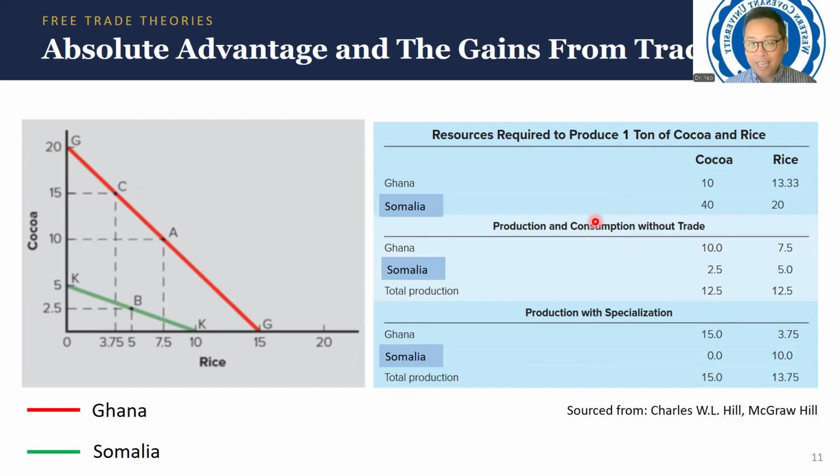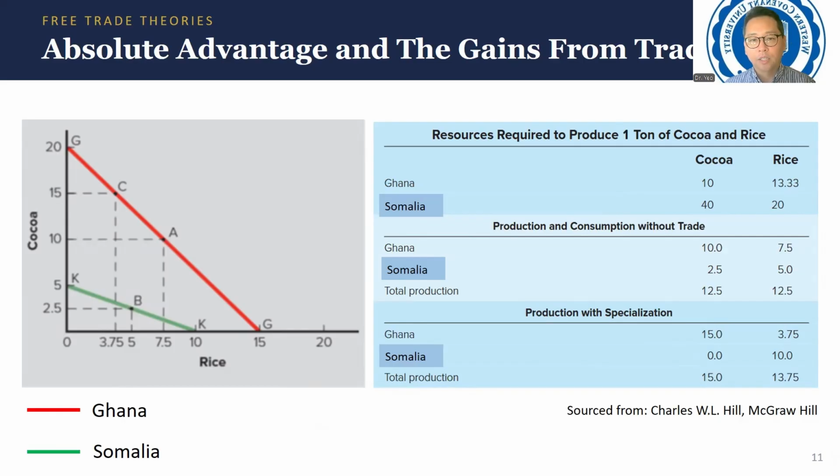They use fewer resources to produce more products. So Ghana can produce 4 times as much cocoa as Somalia, but only 1.5 times as much rice. Ghana is comparatively more efficient at producing cocoa than it is at producing rice.